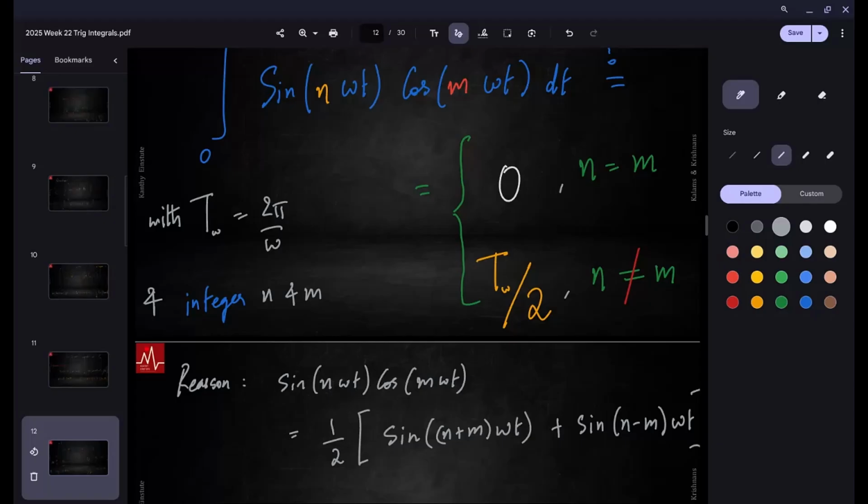Yeah, both are sines. When n equals m, one term easily goes to 0. Sine and cos. There should be sine a plus b, sine a minus b. Where is the cos coming from, Mugdha? Sine a sine b. That is half of sine a plus b plus sine a minus b. Right?